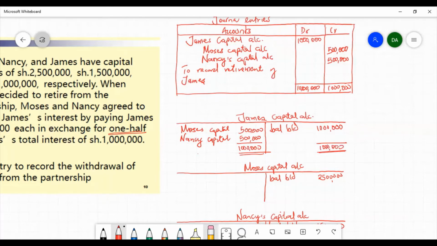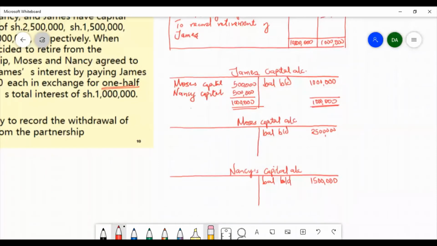For the remaining partners, we do the double entry. The capital of Moses is increasing by James' capital at 500,000. And the capital of Nancy is also increasing by James' capital, 500,000 shillings. That therefore means the balance carried down for Moses will be 3 million.